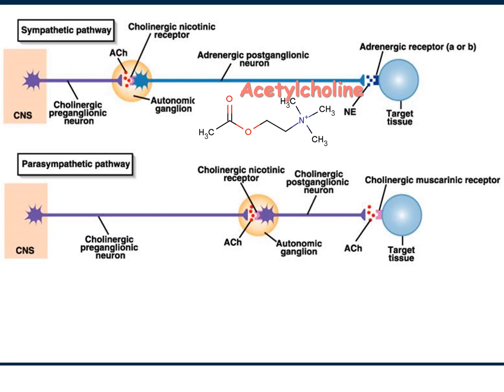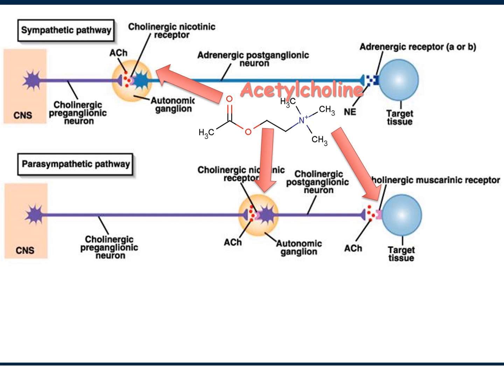So anywhere you see cholinergic, that's where acetylcholine is functioning. So we have acetylcholine in these three spots: in the first synapse of the sympathetic, in the first synapse of the parasympathetic, as well as the second synapse of the parasympathetic.